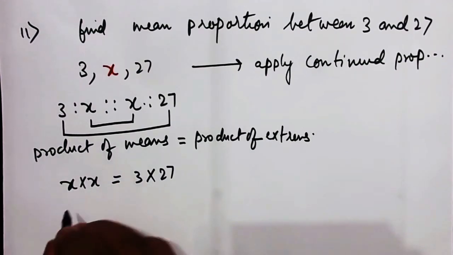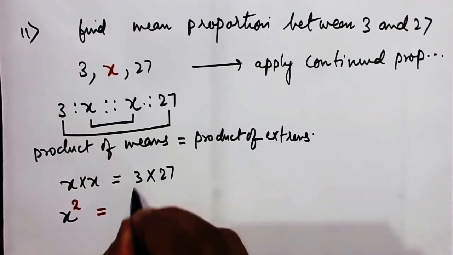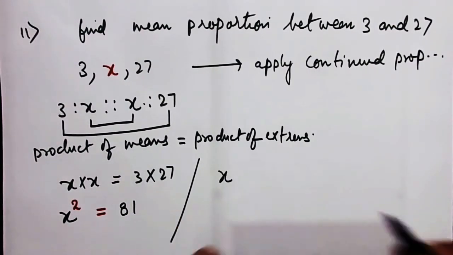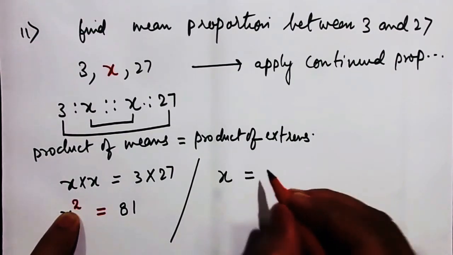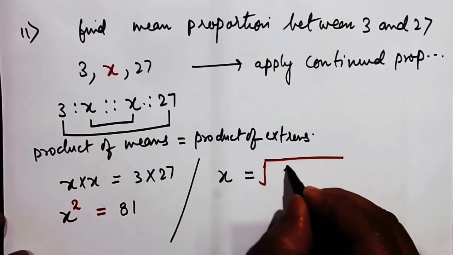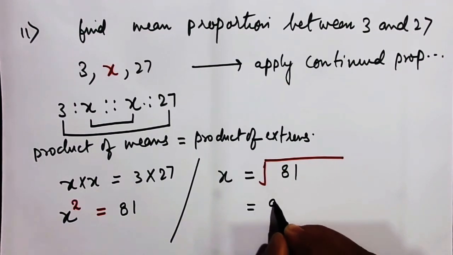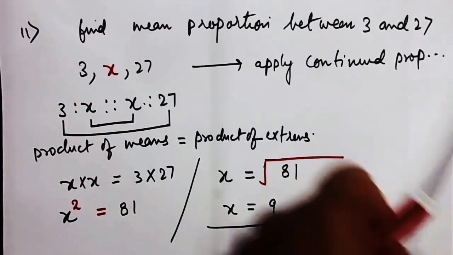So I am going to write here beautifully x square, so that you focus on these numbers, is equal to 81. Now when we find the value of x, this square will move onto that side and will become root 81, and the square root of 81 is equal to 9. So we got the value of x is equal to 9.